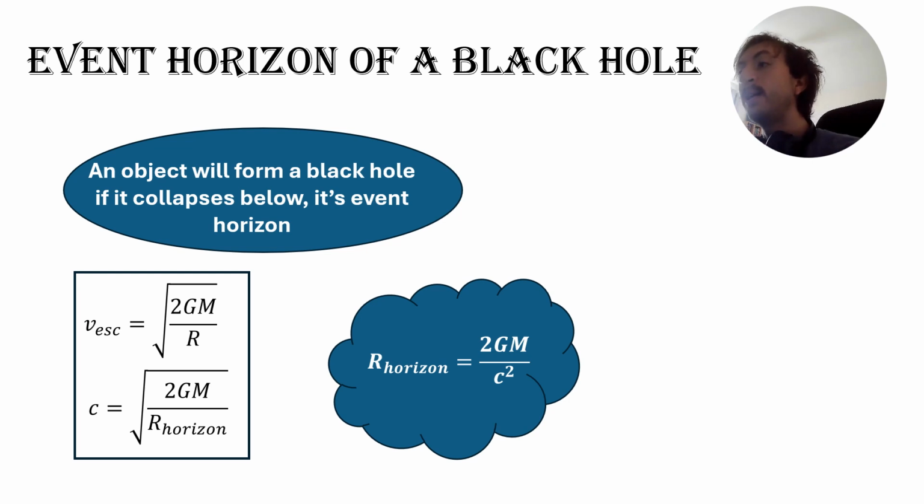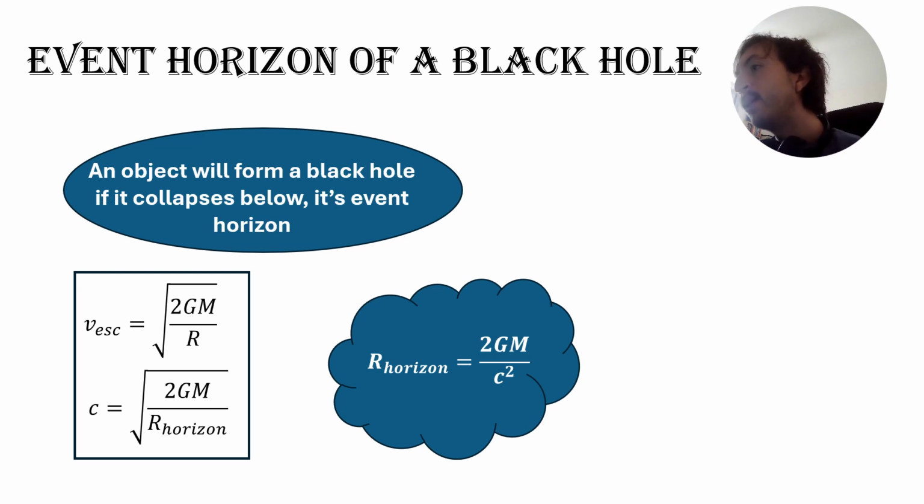Now, it's worth saying that the equation here for the event horizon of a black hole explains why objects don't form black holes in our universe very readily, but it also implies that in potentially other universes with possibly different fundamental constants, black holes might be one of the most common macroscopic objects.